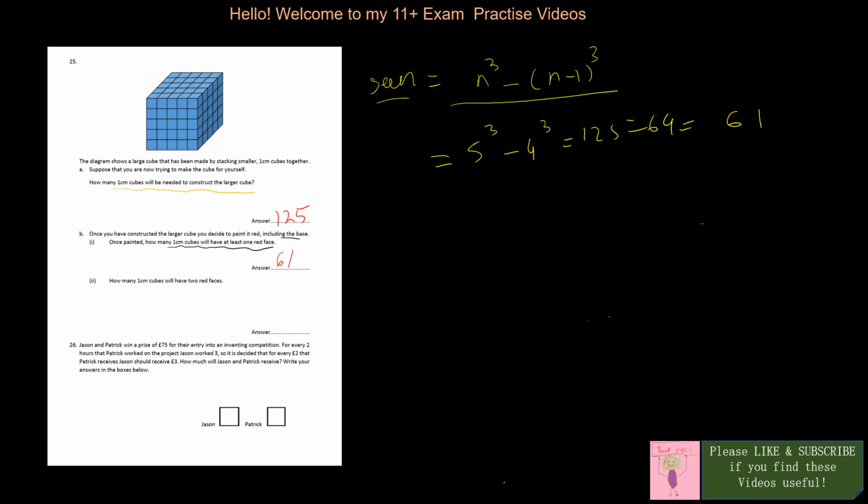So the edges are 1, 2, 3, 4, 5, 6, 7, 8, 9, 10. So we have 10. That's my covered. Then we have 10 here as well, which will have two faces colored.